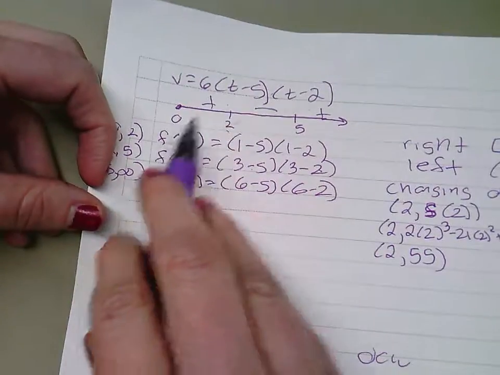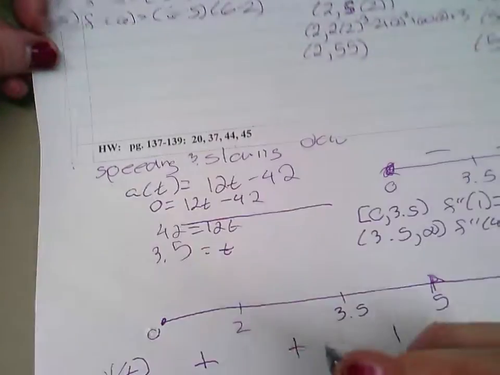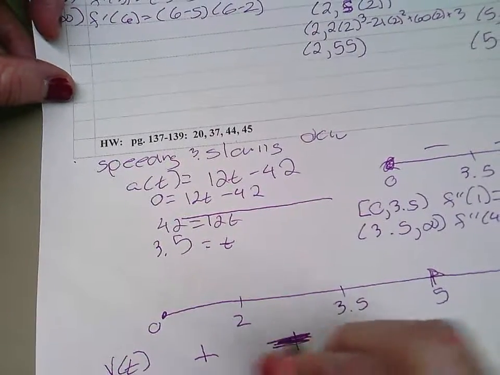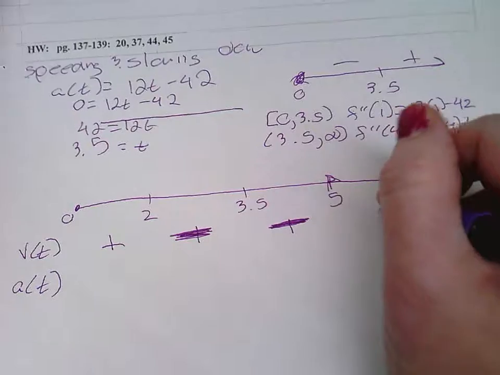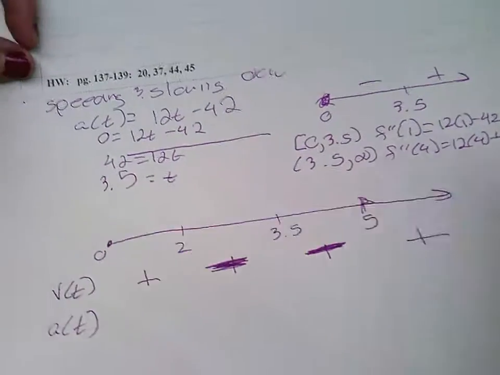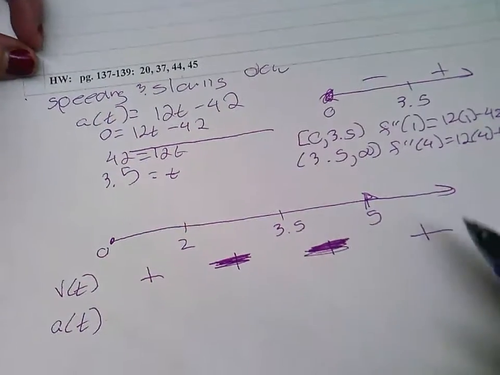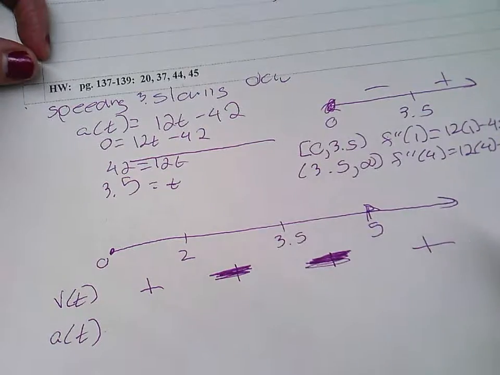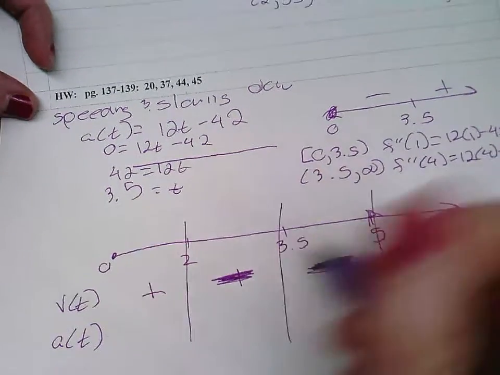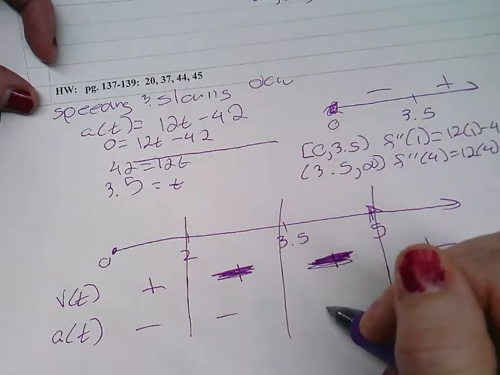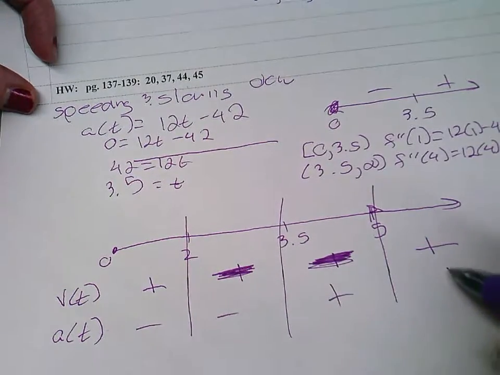So it's positive 0 to 2, and then it's negative from 2 to 5, and then it's positive from 5 on. Acceleration is negative from 0 to 3.5 and positive from 3.5 on.